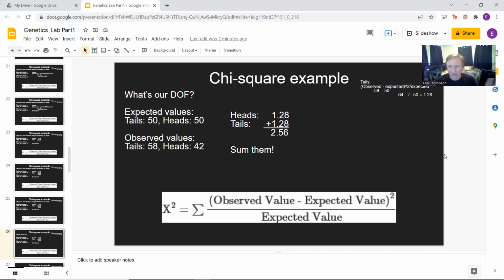And it's just a math thing. For our purposes, just memorize it. Okay, you don't have to memorize this chi-square formula. If I ask you about it on an exam, I'll give you the formula. I'm not interested in you memorizing this. But how do we figure out what our degrees of freedom is?